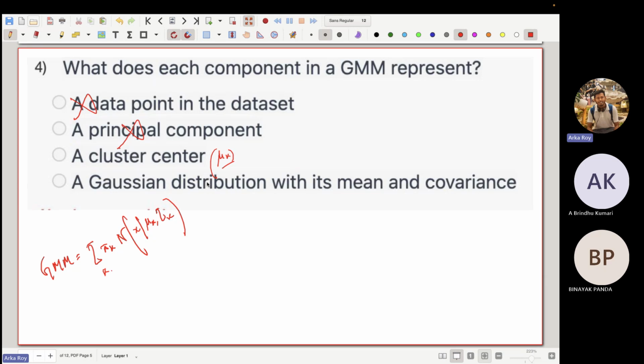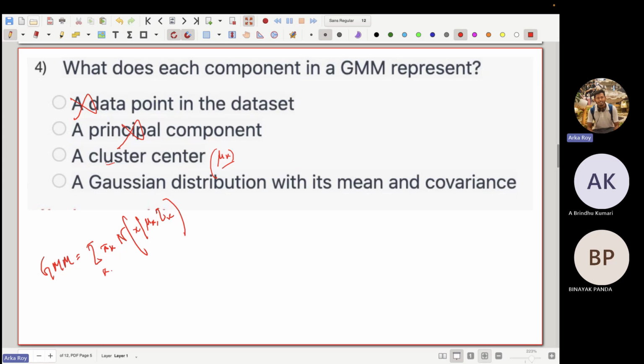We know that Gaussian mixture model comprises the Gaussian distribution, which is parameterized by mu k. But is it the only thing? So let us now see the next option, a Gaussian distribution with its mean and covariance. So this is the complete answer.